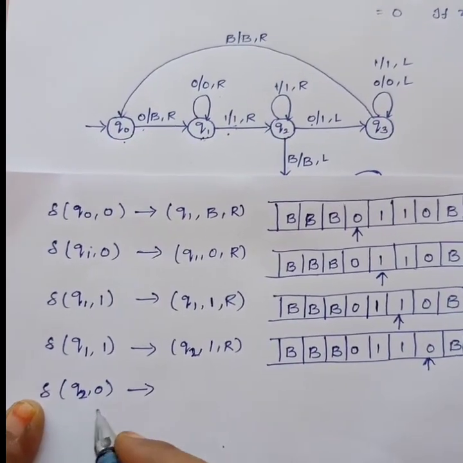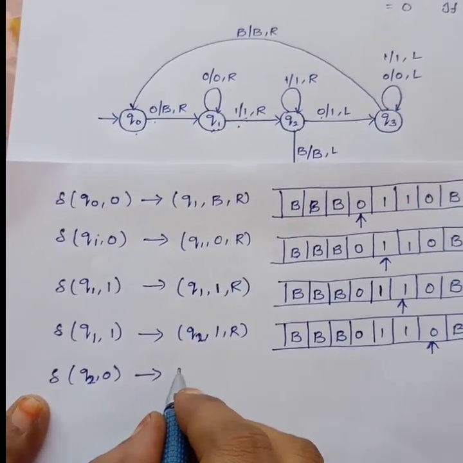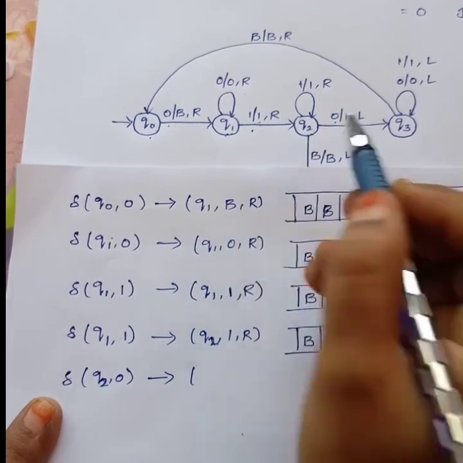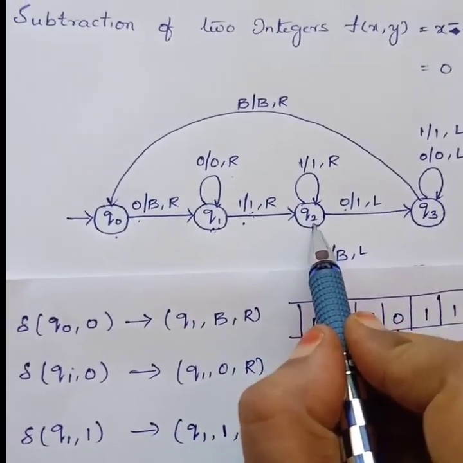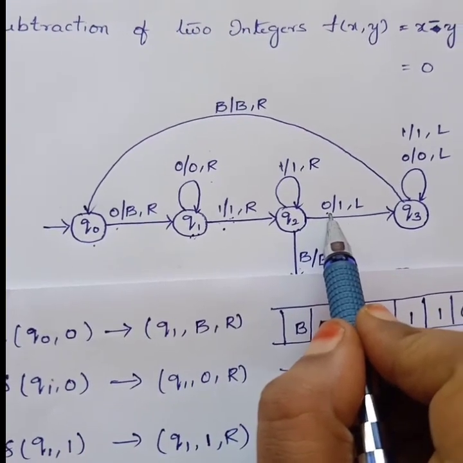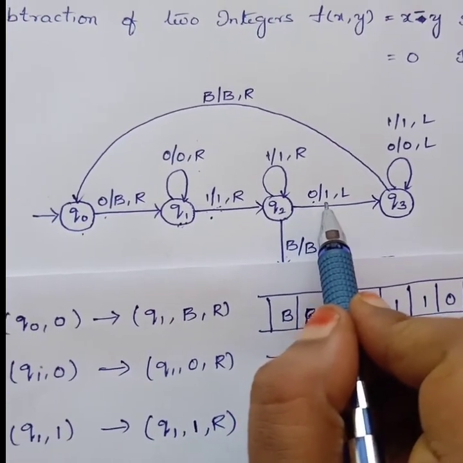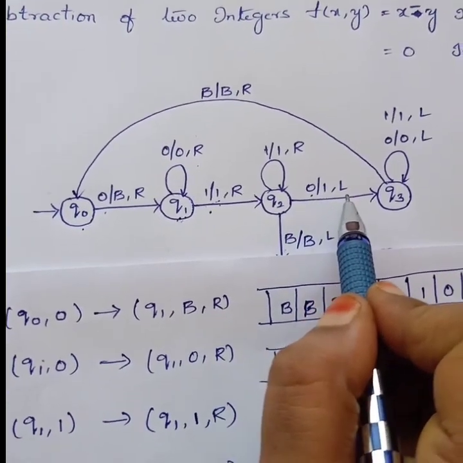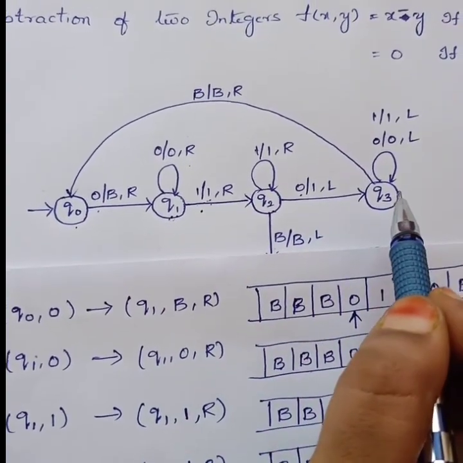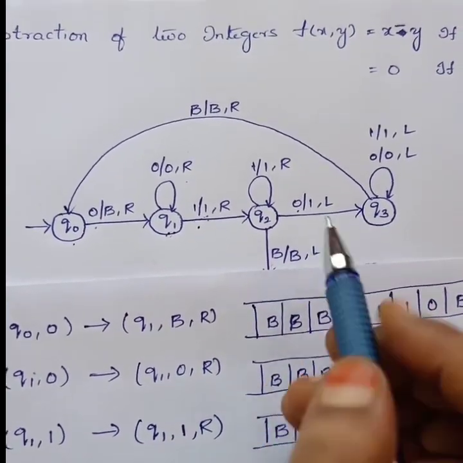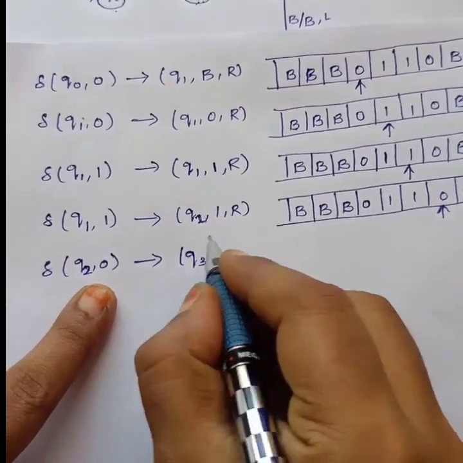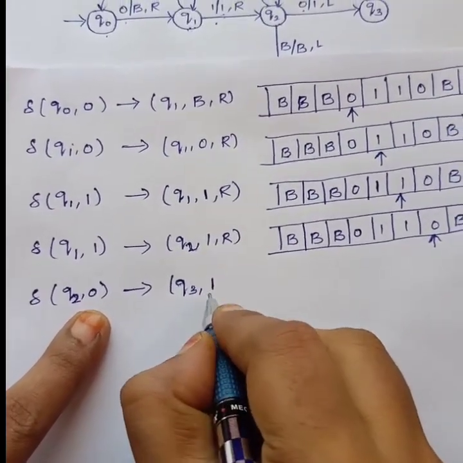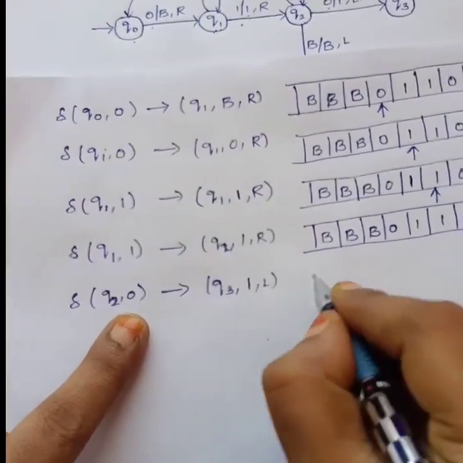In Q2 state, I will get this particular 0. In Q2 state, if I get 0, then see the transition diagram. In Q2 state, if I get 0, this 0 can be rewritten as 1 and move to left, changing the state also. So 0 is rewritten as 1 and move to left.